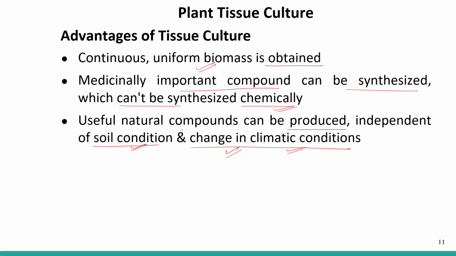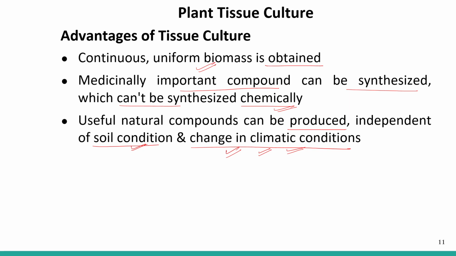But in tissue culture, the nutrient medium is the same for all the plantlets. There is no soil condition even. If we maintain the soil and climatic condition in better form after the introduction of these plantlets into the natural environmental condition, then we will have the natural compound in that form.